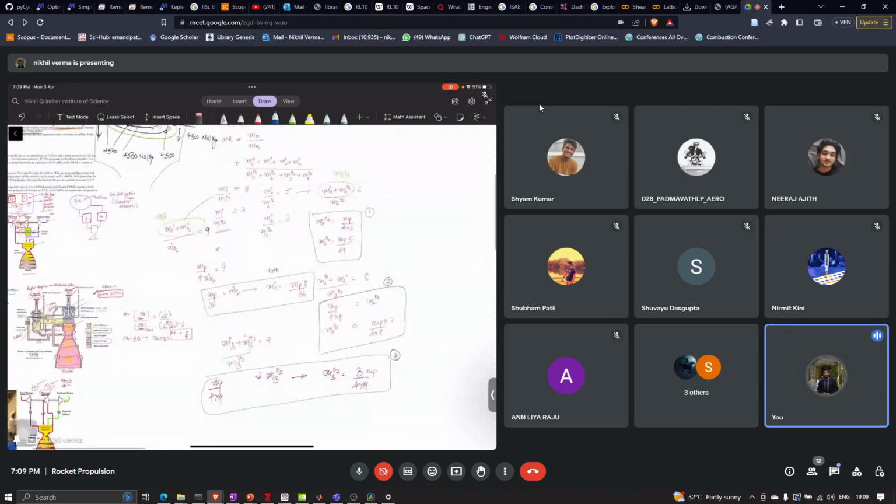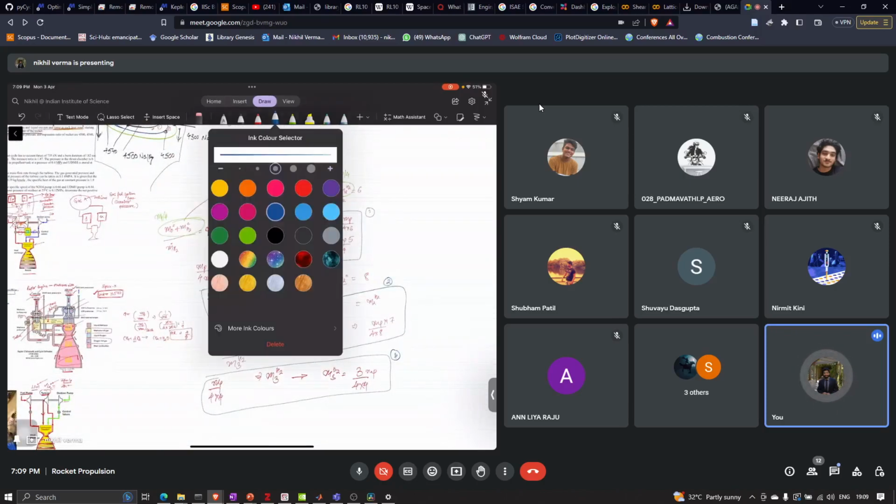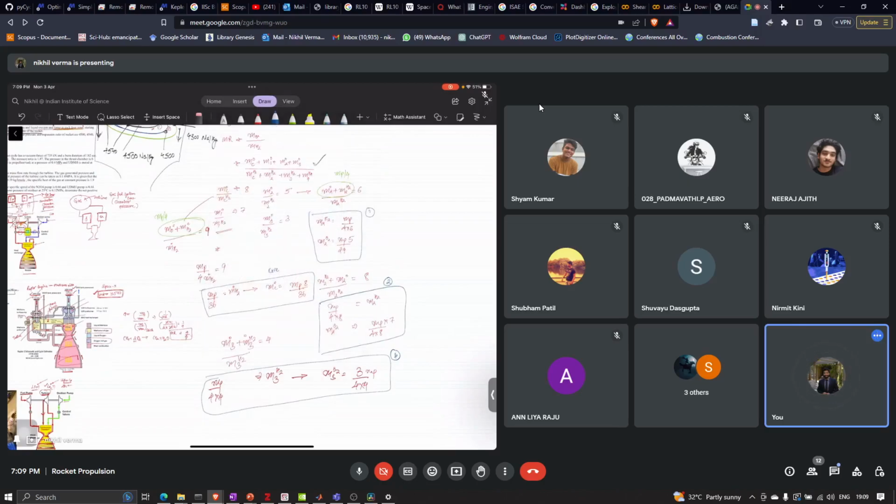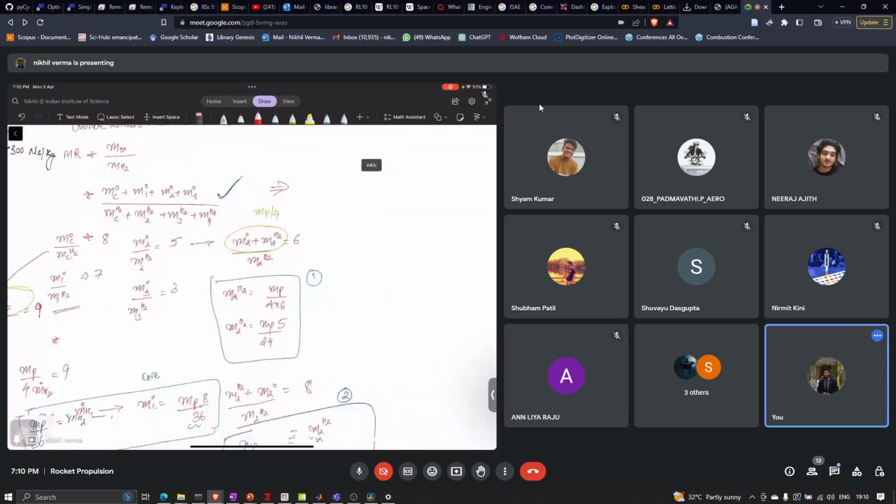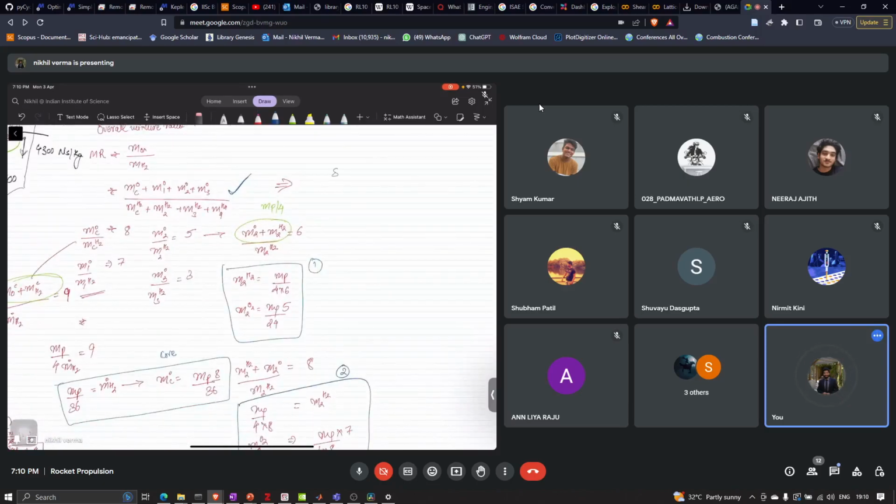So you can club all these values into the overall mixture ratio, and you have MP as common, so that will get cancelled off. If you calculate this, you will get 8 by 9 plus 7 by 8 plus 5 by 6 plus 3 by 4 divided by 1 by 9 plus 1 by 8 plus 1 by 6 plus 1 by 4.